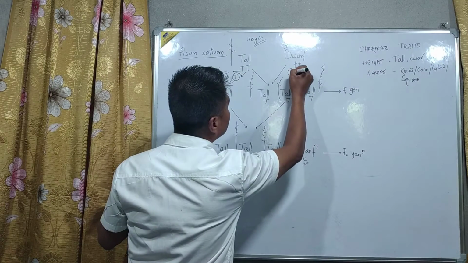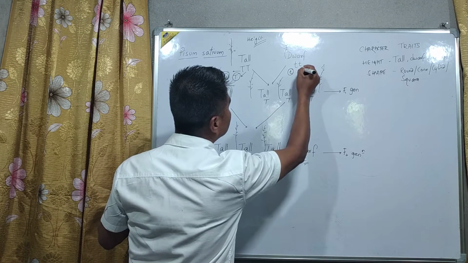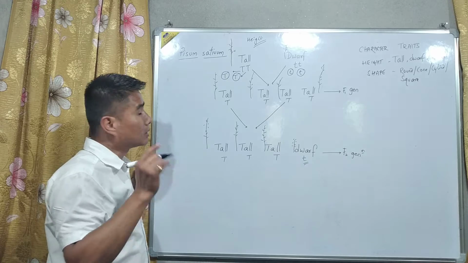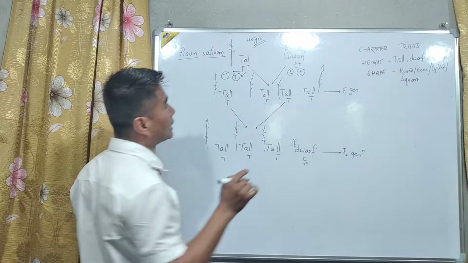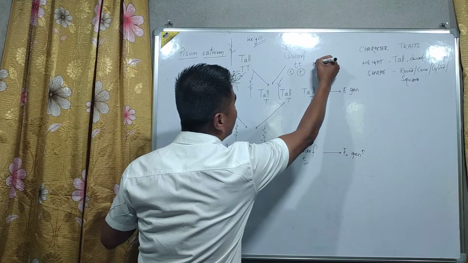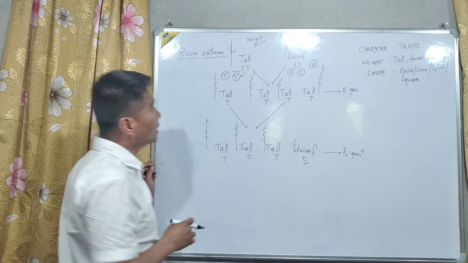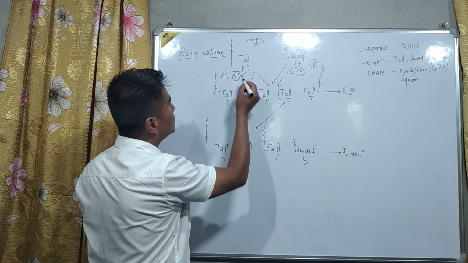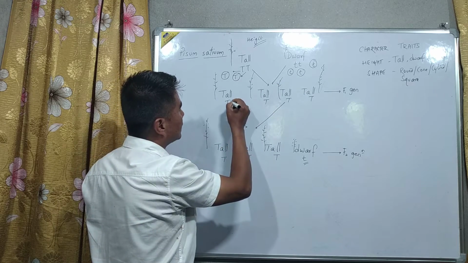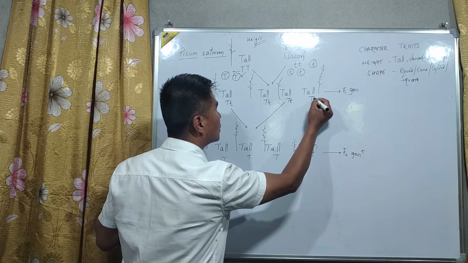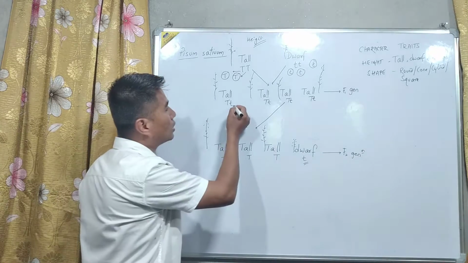And the gametes have a single T. Remember, the number of gametes does not matter, but the type of gamete matters. No matter how many gametes are formed, all the gametes will have a single T. Now when this T and this t got crossed with each other, all the plants in the F1 generation were tall, but they all had a small t with them.